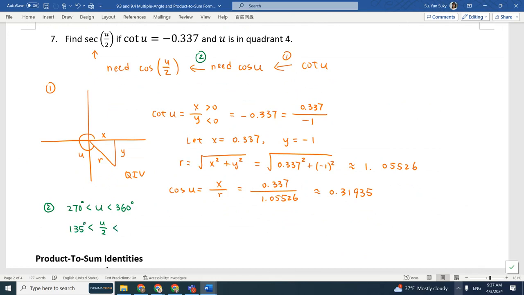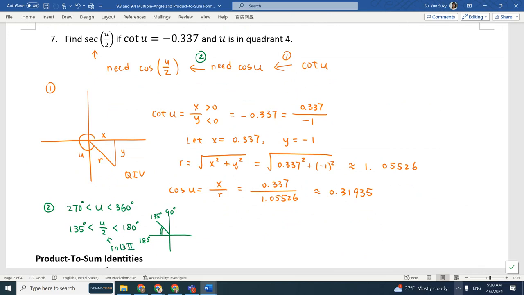How about 360 over 2? 180. So this is 90, this is 180, and 135 is right there, so the angle is in this range, in quadrant 2.